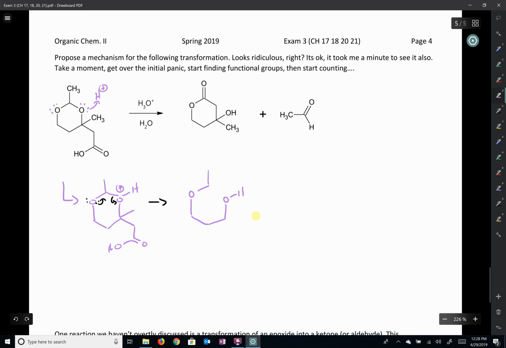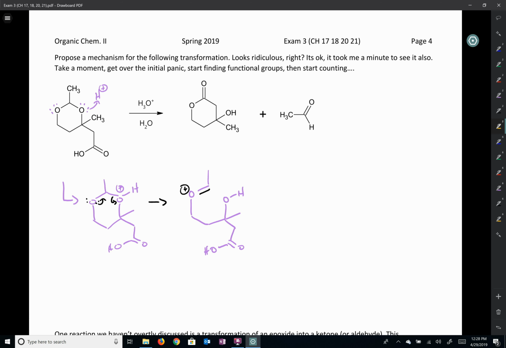Okay. And then, so far so good. Again, we're at a crossing point where we could pick different ways that this next step could happen.